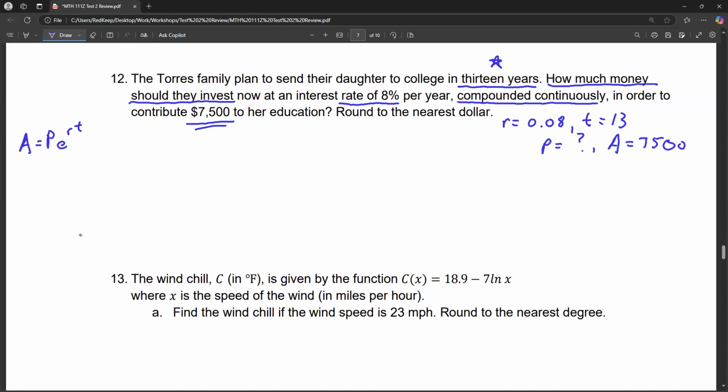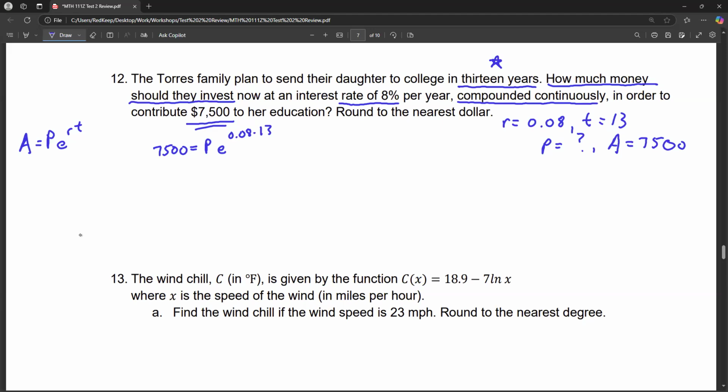Okay, so we've got the recipe, this Pert formula, and the ingredients. Let's throw these things together. The A value again was that 7,500. The principal amount, which I don't know yet, times e, which is just a number, raised to the power of our rate, which is 0.08 times 13.